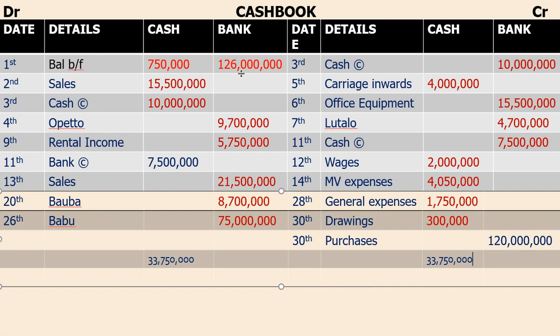We add back 8,700. We add back 75 million. This one is giving us 246,650. And I bet it must be the same figure here, 246,650.